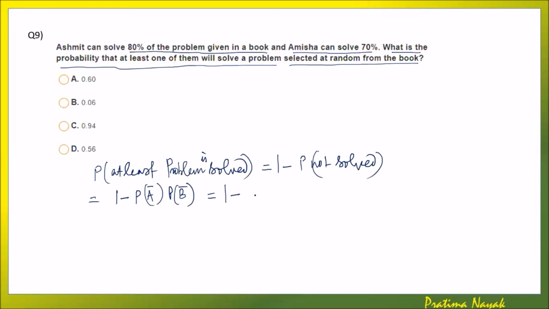So this will be 1 minus, how much will it be? 80%, so it will be 20 by 100, and for 70%, it will be 30 by 100, because we are getting all not. So this will be 1 minus 0.06. This will be 0.94 is the answer.